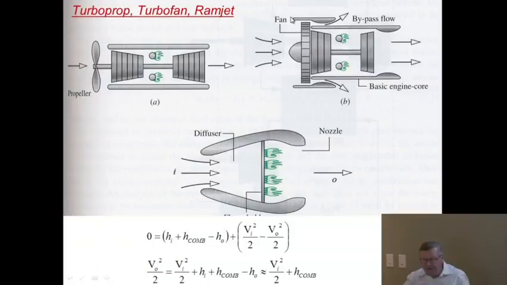And the fan, which is the equivalent of the propeller in front, then drives an additional bypass of air that goes through a bypass flow, and then at the end, the bypass flow gets added to the air that comes out of the turbine. So this is in fact what most engines look like.